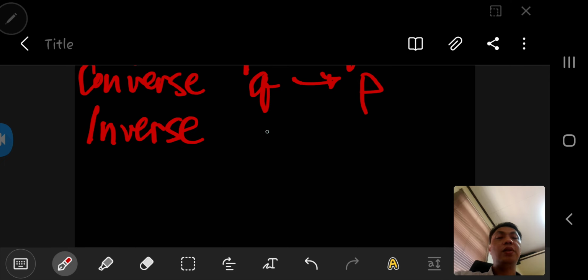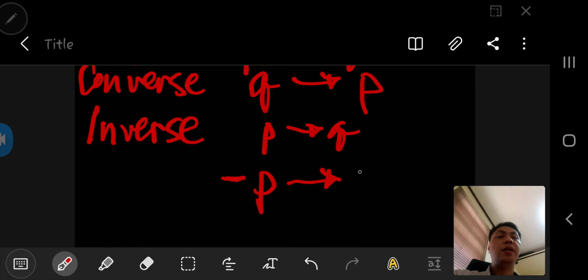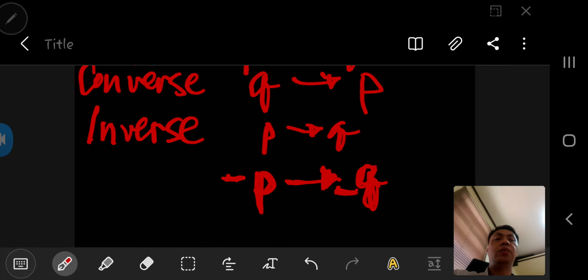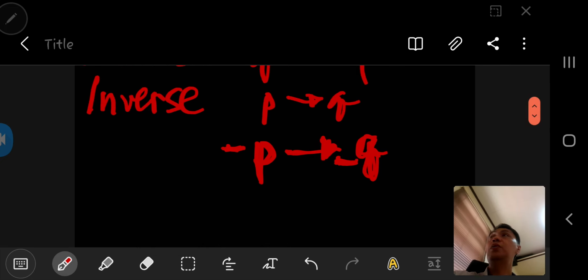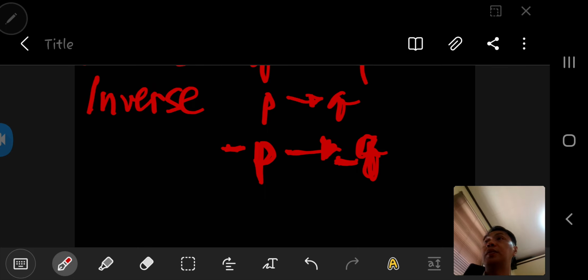So, kung yung ating conditional statement ay if P then Q, if we negate this one, if not P, then not Q. So, negative P, then negative Q. So, how do we do that? If the triangle is not equilateral, then it is not equiangular.